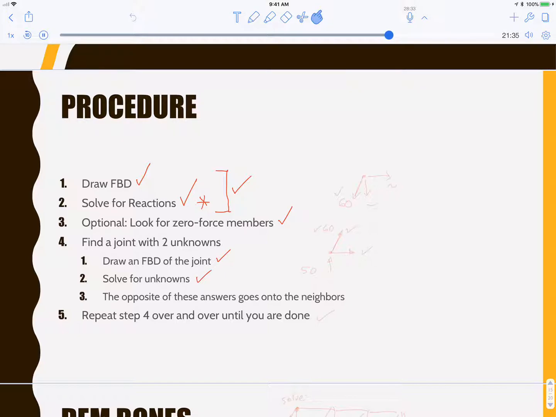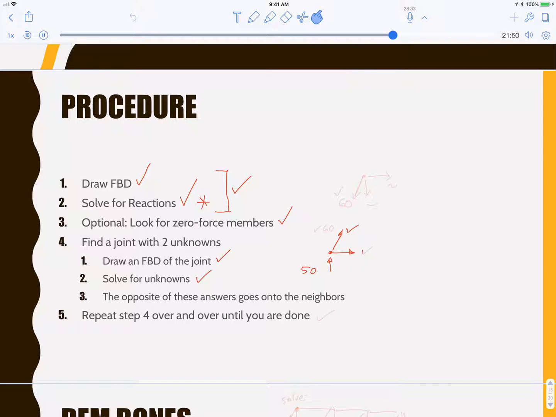The opposite of these answers goes on to the neighbors. What I mean by this, let's say this was your joint, and you were given that by the reaction statics, and you had these two unknowns.